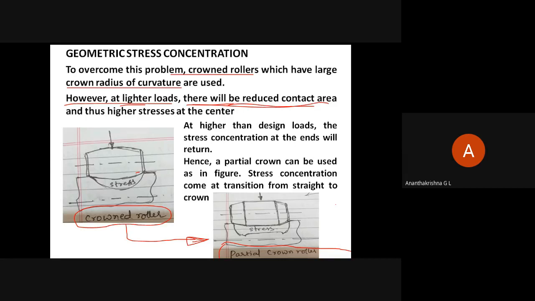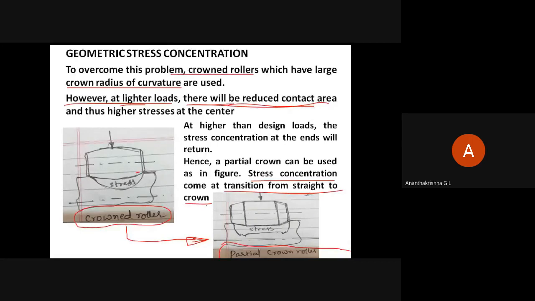Okay. But even then there was stress concentration coming. At what location? At the edges, sir. Edges. That is, it is the transition from straight to what? Straight to crown. You can see the screen and I'm drawing there.